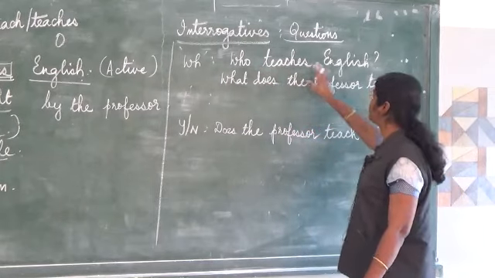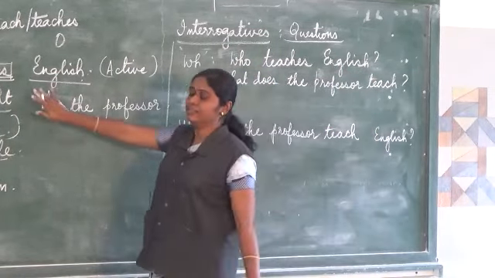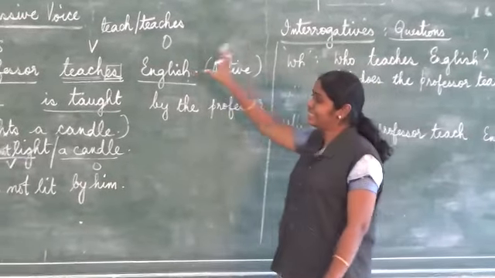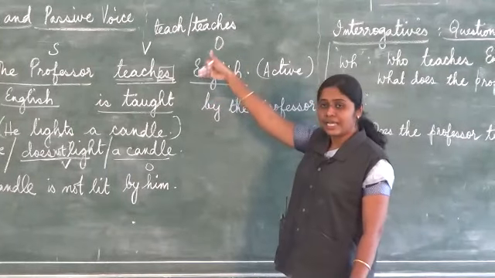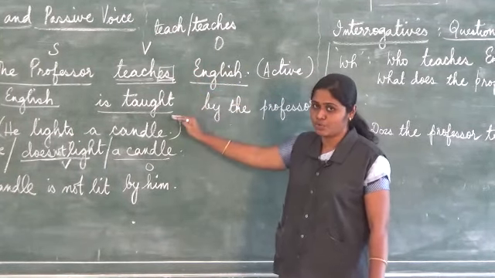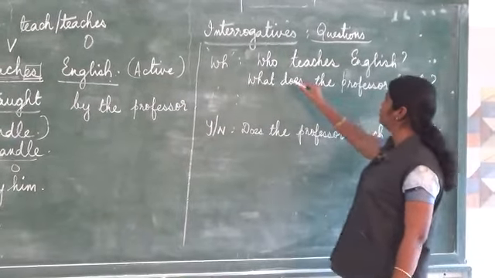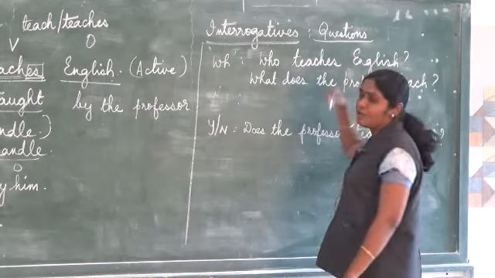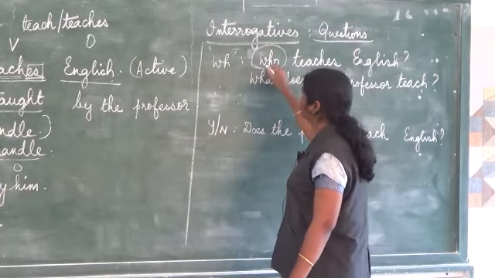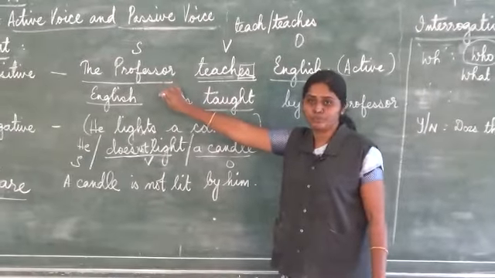Okay. Now this active voice we have to change it into passive form. Now who teaches English? Now just because you have already written, see, for this question you have already changed that in the sentence form, assertive form, you have changed it into passive voice. Now doing the same sentence will be easy. Okay, see now, who teaches English? How can this be changed into passive voice? For example, instead of this who, we can have the same noun professor itself.